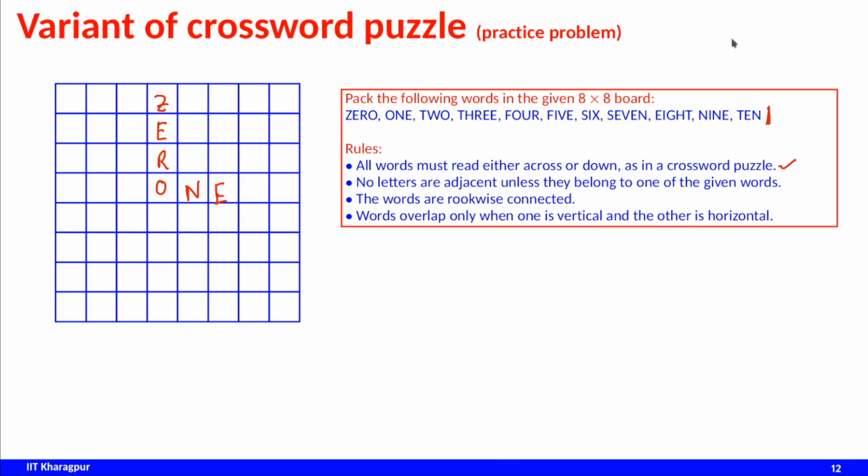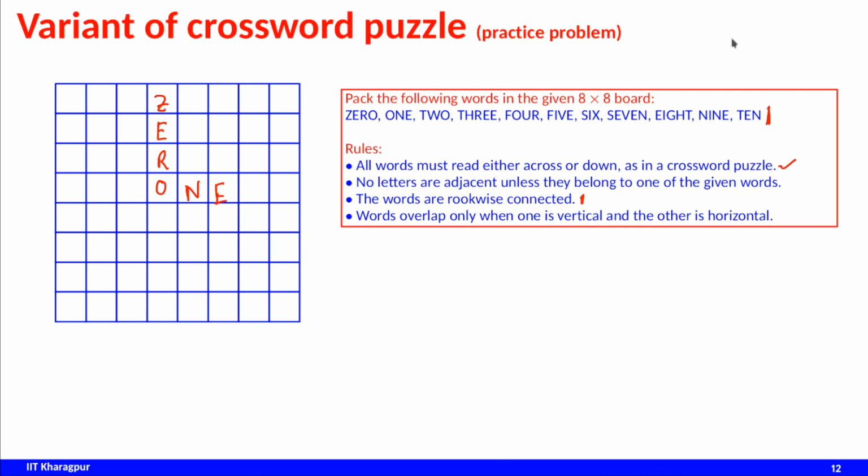The words are rookwise connected. That means either it will be connected in this way or it can be connected in some horizontal manner, so it can be connected in this manner.